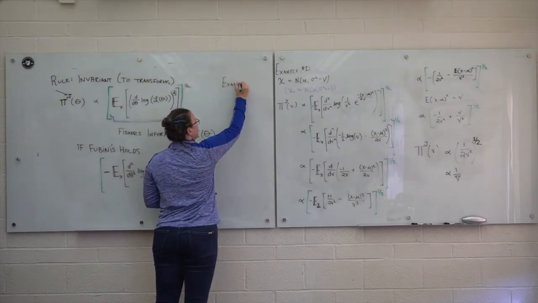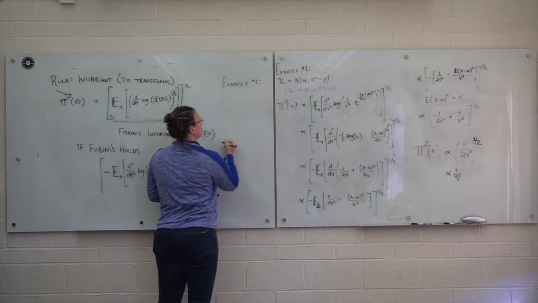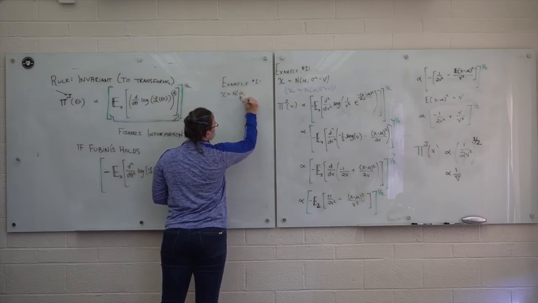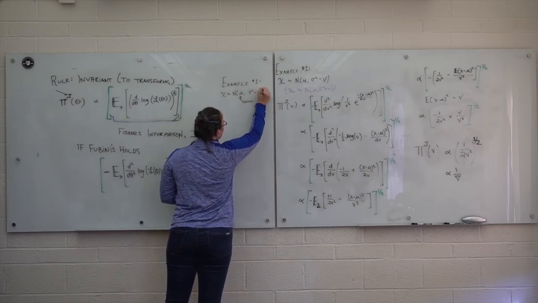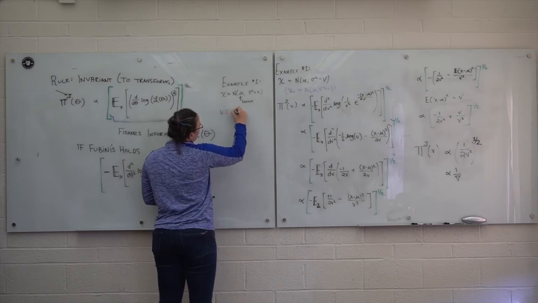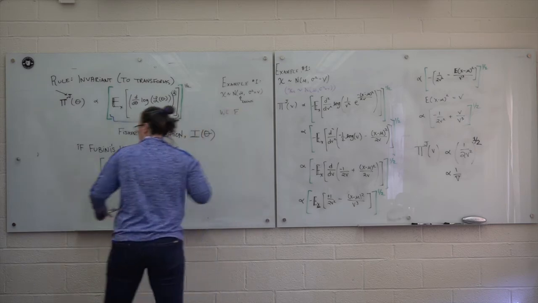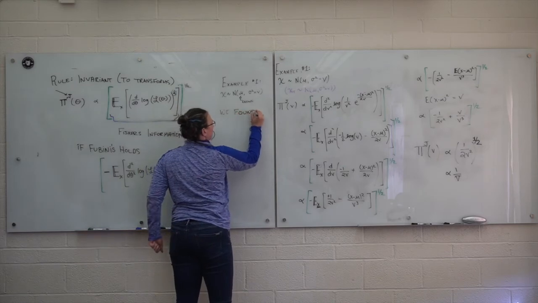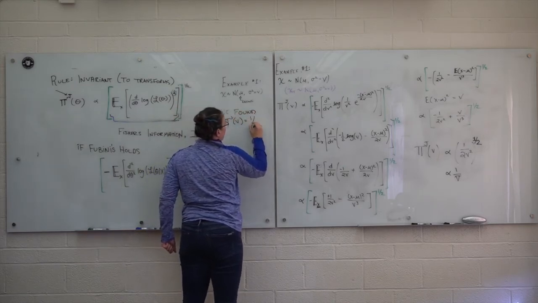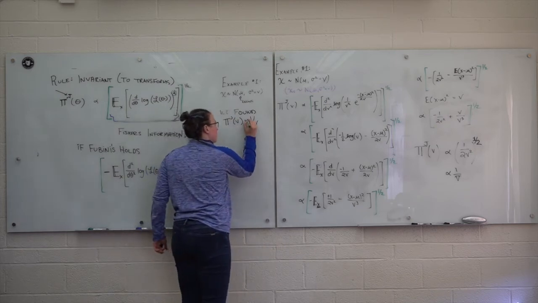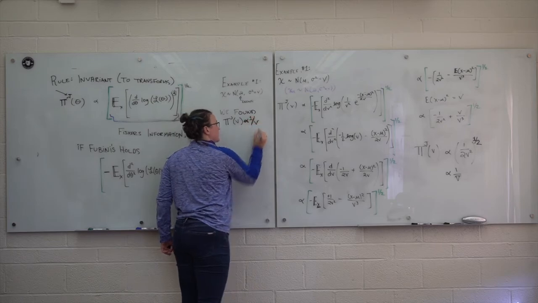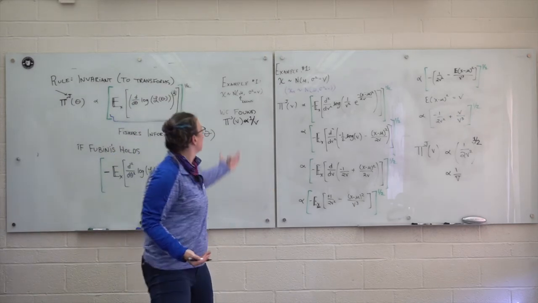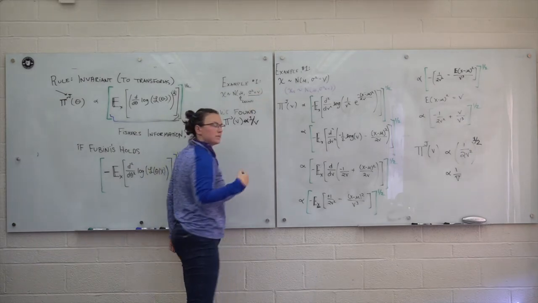So for example 1, when our x's came from a normal with mu known for simplicity, and sigma squared is equal to V, we found the Jeffreys prior for V, not equal, proportional to 1 over V. And this should look familiar because in our inferences thus far, when we were creating our posteriors for sigma squared, it was 1 over sigma squared because V and sigma squared are equal.